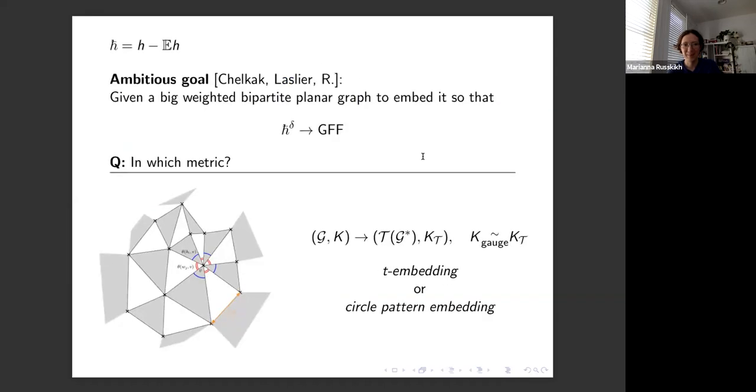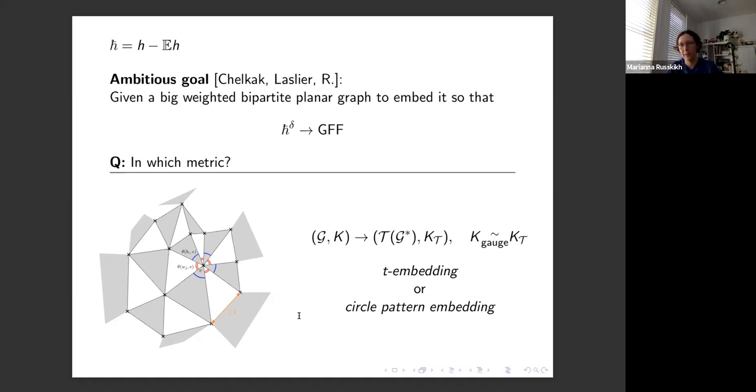We want some embedding such that the fluctuations converge to GFF. Now the question is, what are other properties we want these embeddings to satisfy? And to find this embedding is the same as to choose the Kasteleyn weights of one Kasteleyn matrix from the class of gauge equivalent ones.